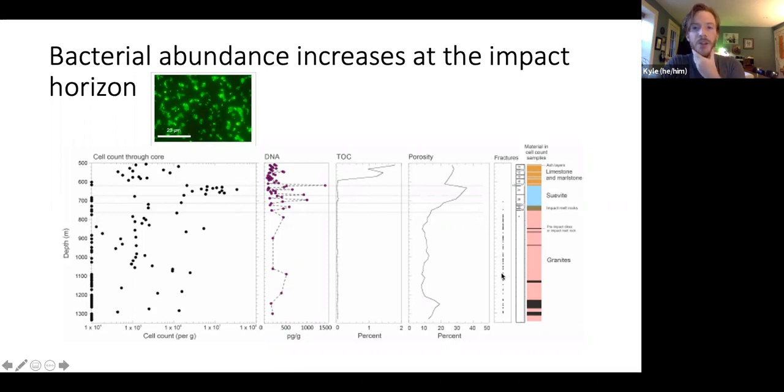And then your second question about controlling for whether there's a sweet spot everywhere around the globe. So yeah, they don't really have a control sample from outside the crater in this study.